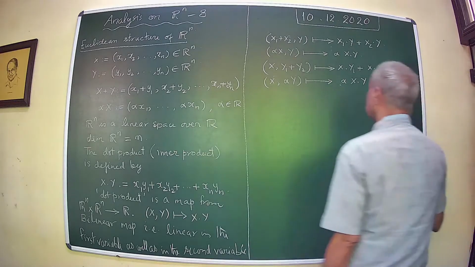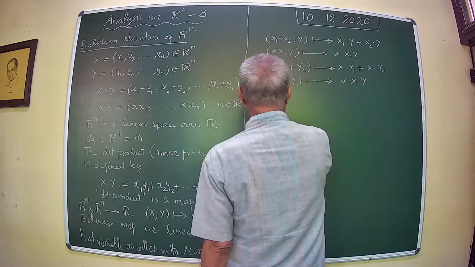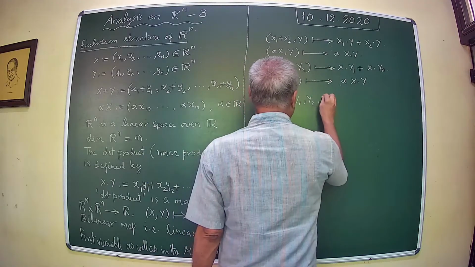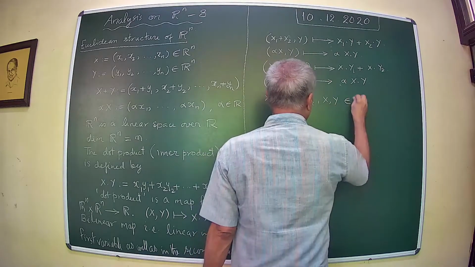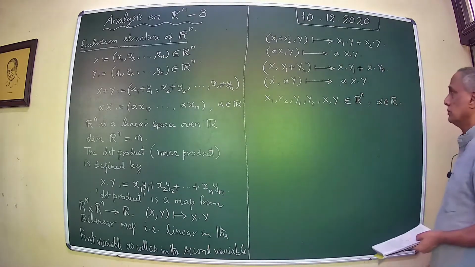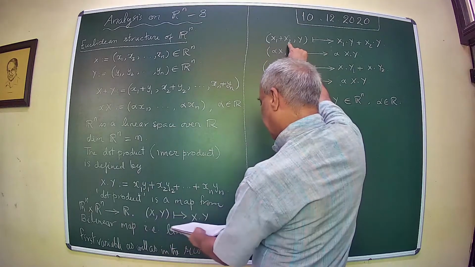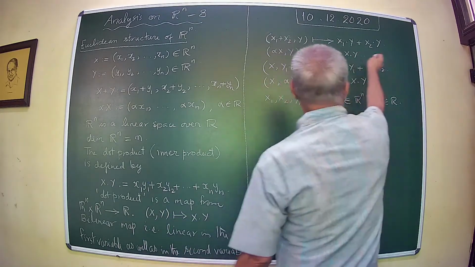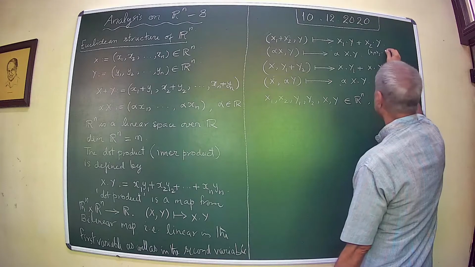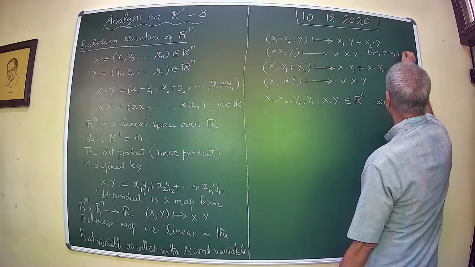So here x, y, x1, x2, y1, y2 are vectors, and alpha belongs to R. That means if you take the dot product of x1 plus x2 with y, in short this means that x1 plus x2 dot y equals x1 dot y plus x2 dot y.